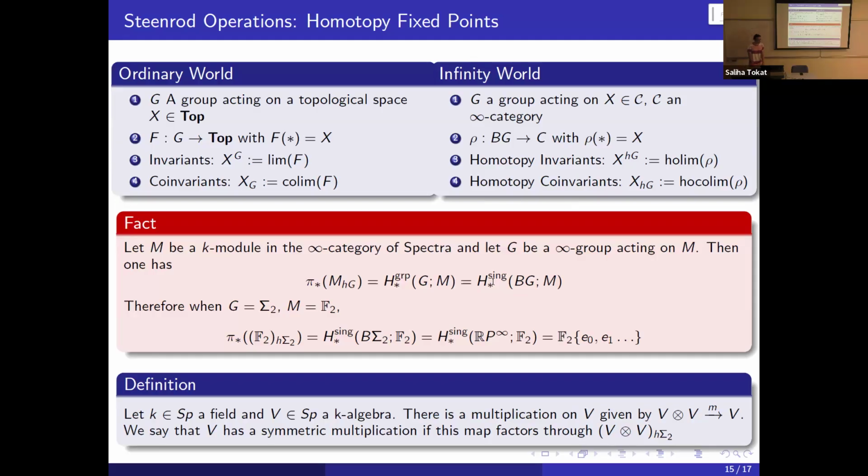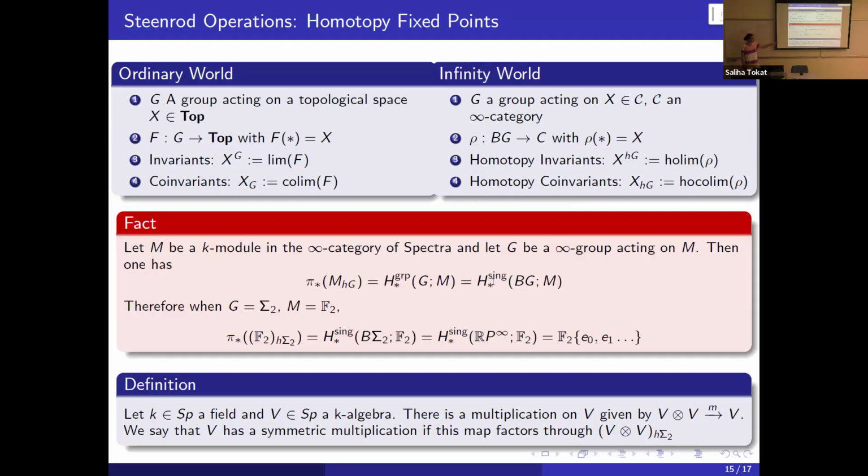And we have a very interesting fact, which says that the homotopy groups of the homotopy coinvariants are actually the group homology of G, the singular homology of BG, where BG is the classifying space of G. This will come in handy if you replace G with Sigma 2, the symmetric group on two elements, and M with F2.